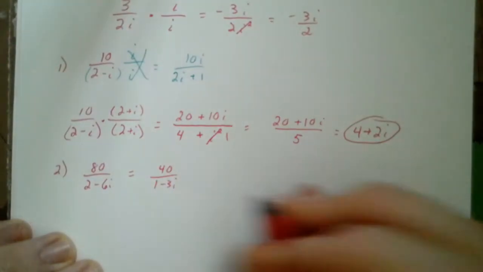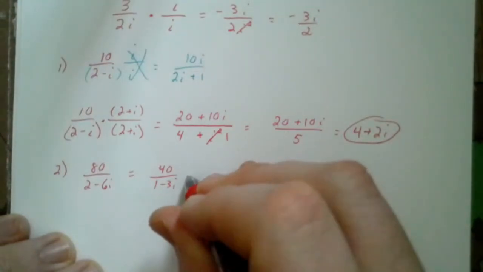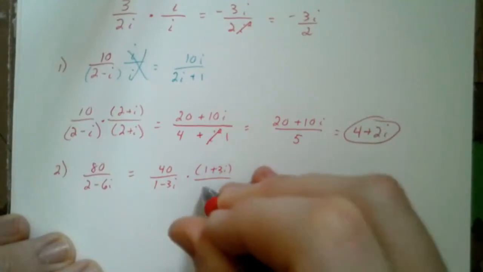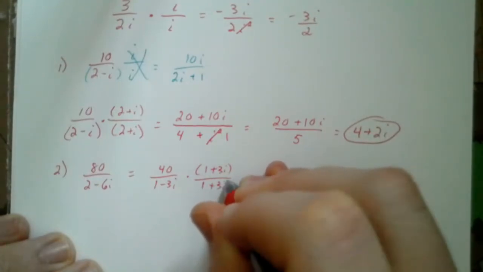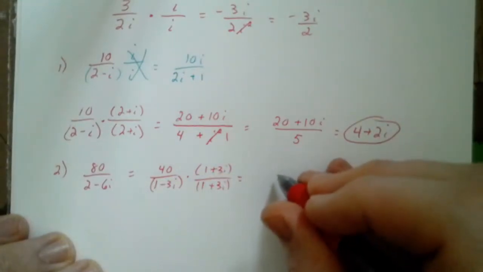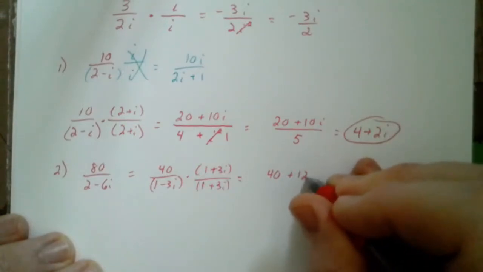All right. Now you can see I have a complex number in the denominator, so I'm going to multiply top and bottom by the conjugate. So I'm going to use 1 plus 3i on the bottom, 1 plus 3i. Up top is easy. 40 times 1 is 40. 40 times 3 is 120.